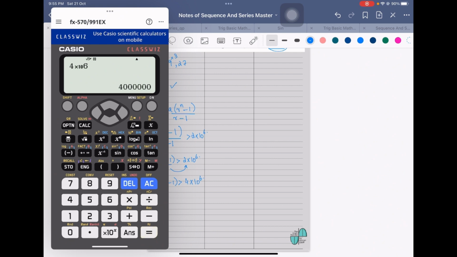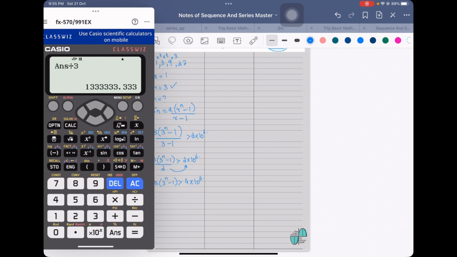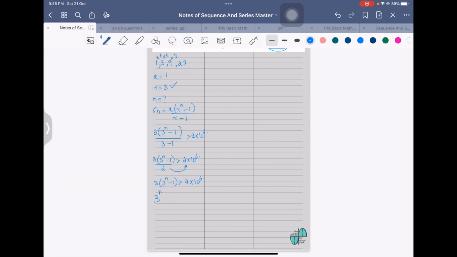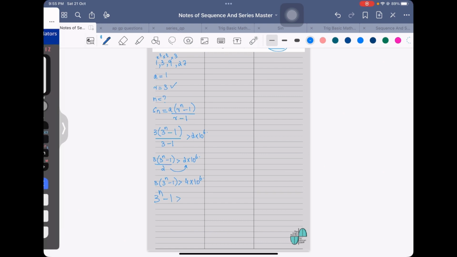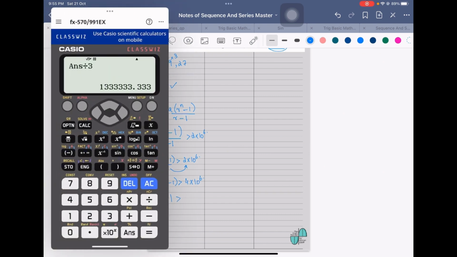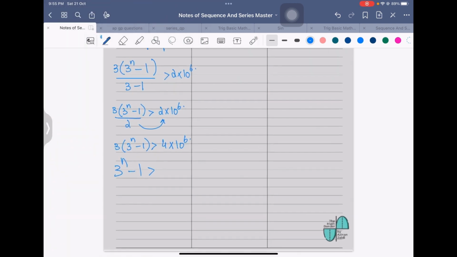As you could see, there are 6 zeros which were there in the question, so rather than writing all the zeros and making any mistake, it's better to use this 10 to the power 6 divided by 3, which gives you 1,333,333. So 3 to the power of n minus 1 is greater than this.